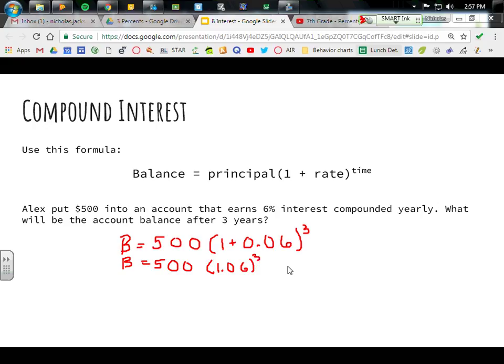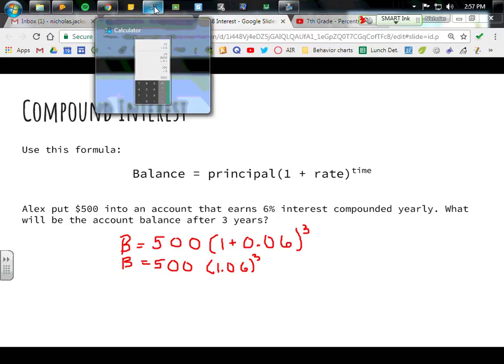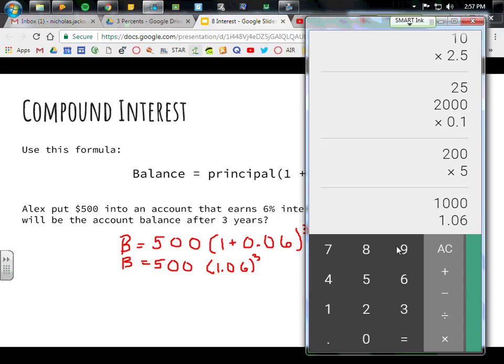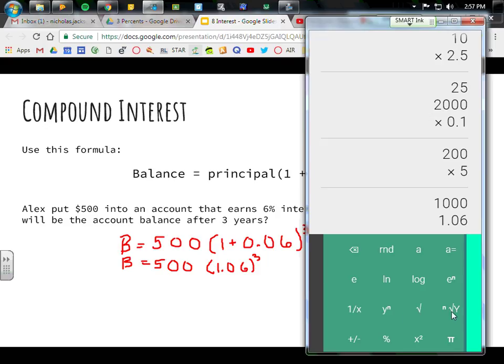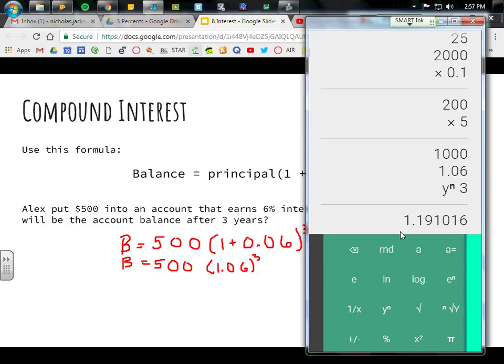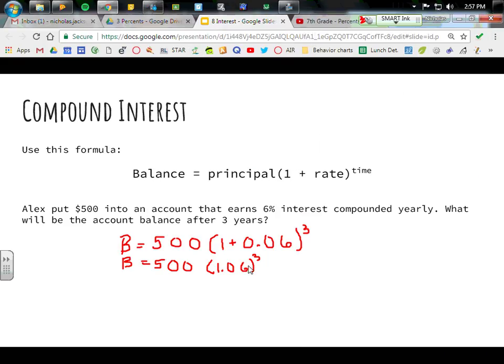So now we have to do our exponents. So we have to raise 1.06 to the third power. So 1.06 to the third. So that's 1, and let's just round it to 1.19.